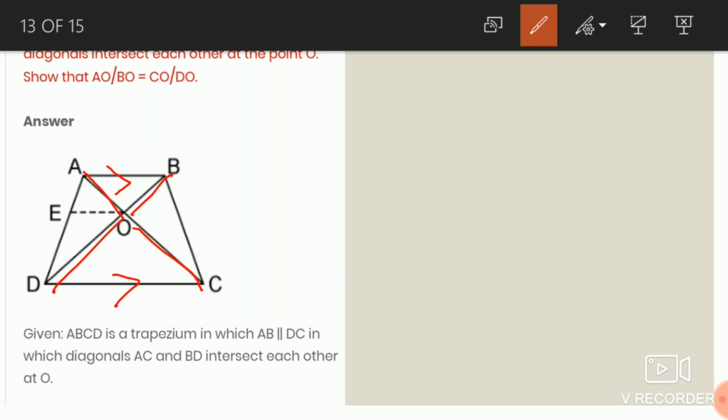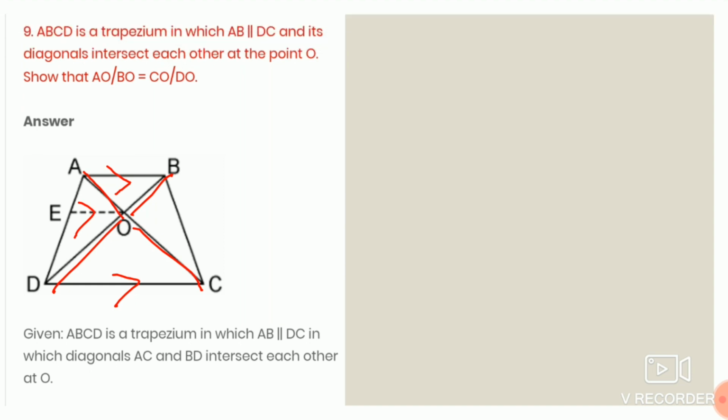So we'll construct a line which will pass through O. Okay, and it will be parallel to AB and CD. So we have constructed here EO, which is parallel to AB, parallel to DC, and also passing through point O.